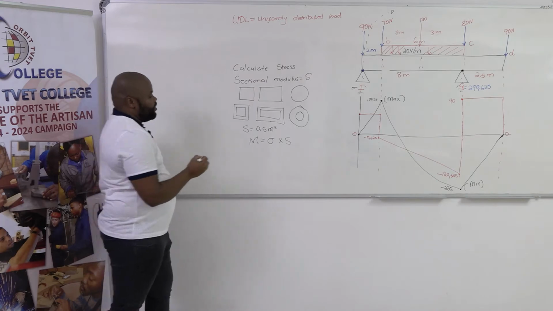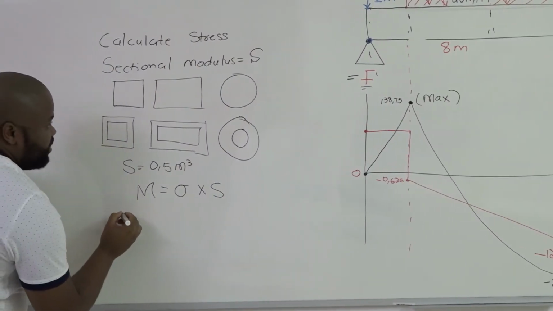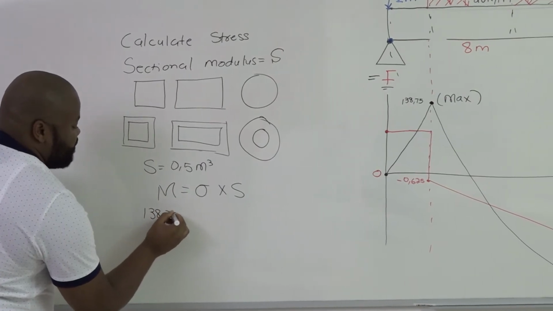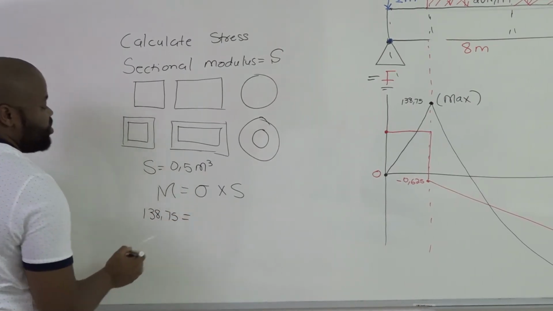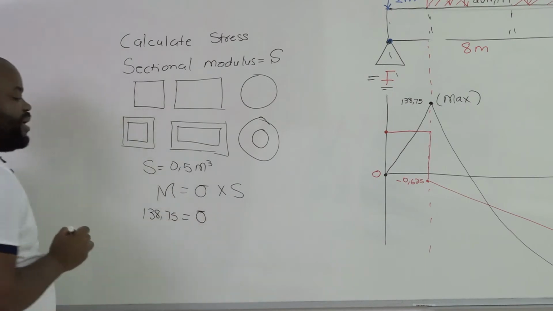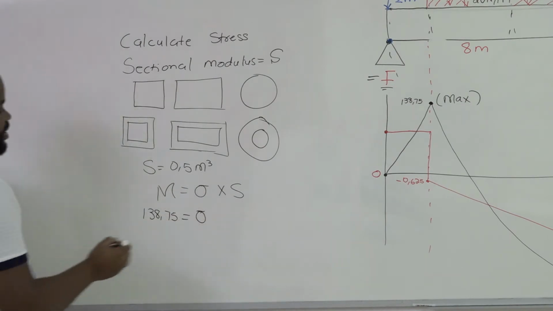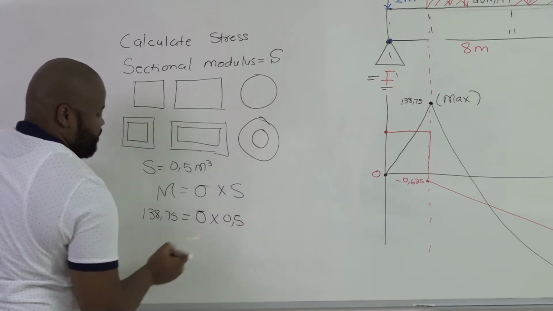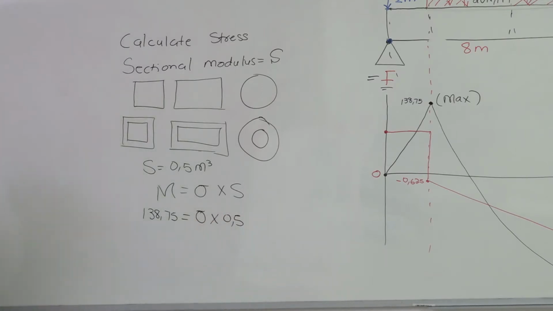Meaning that we can replace this value onto our formula together with the sectional modulus that we were given for the beam. Meaning that we're going to have 138.75 being equal to what we want to calculate, stress, times 0.5 of our sectional modulus.